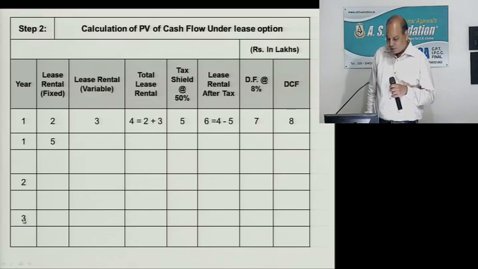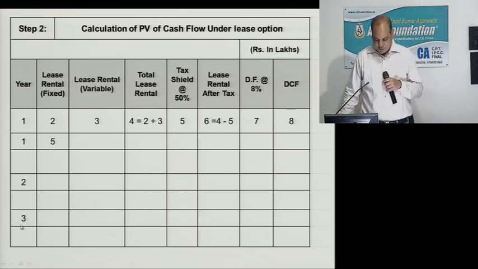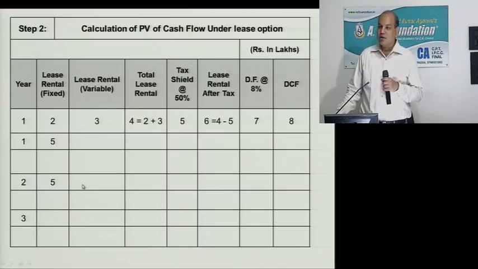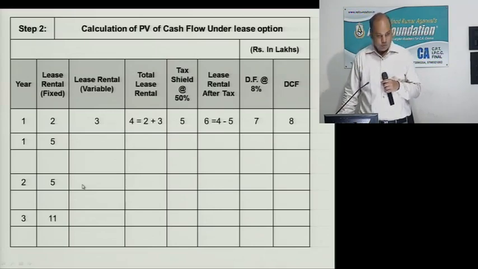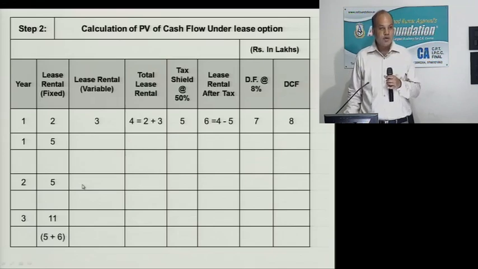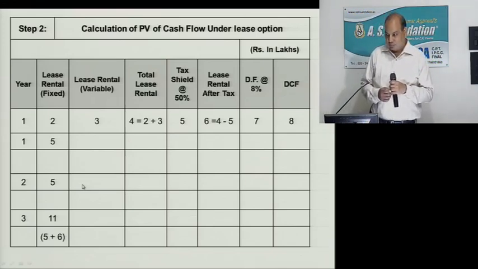First year fixed rent 5, second year fixed rent 5, third year 5 and plus 6 lakh also. It's written there. You have to continuously read the problem again and again so that you don't miss any number. 5 plus 6, 11.